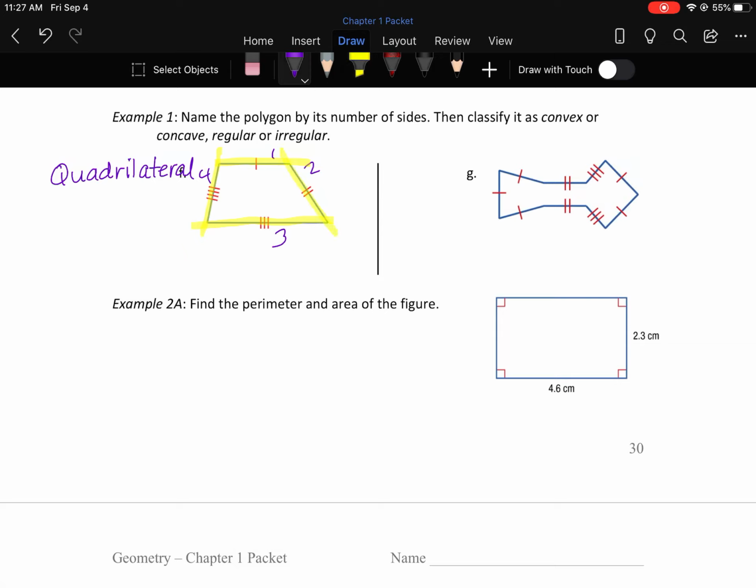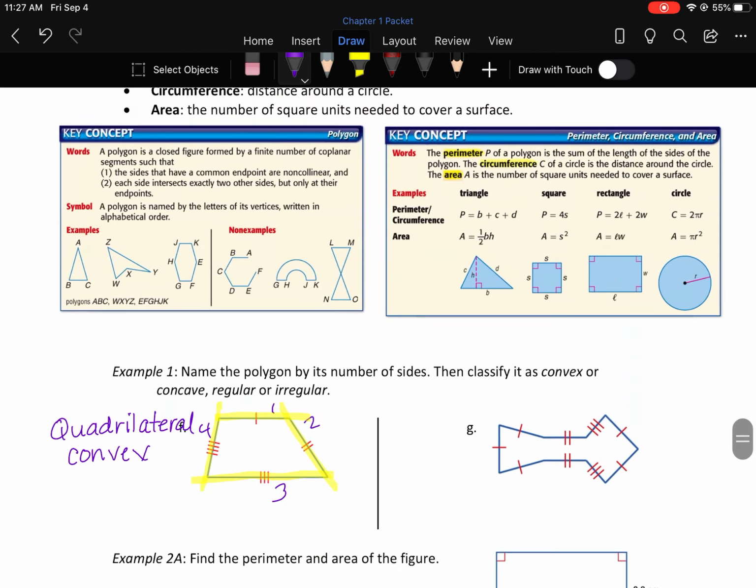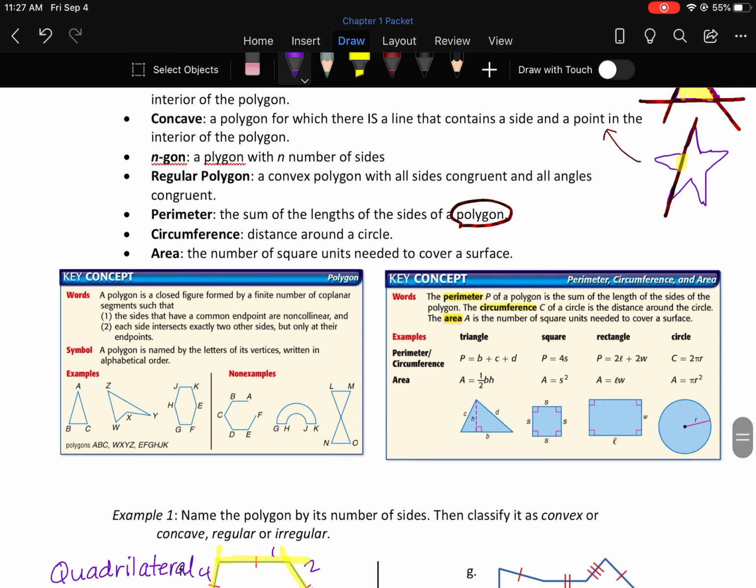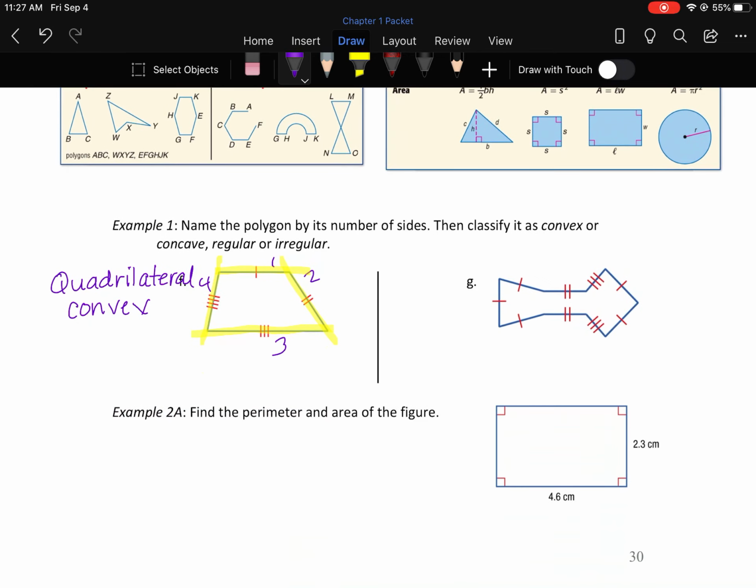Great, none went on the inside, so that must mean that it is convex. And then regular or irregular. So if you go back up here, remember, regular means all sides congruent and all angles congruent. Well, they didn't tell us anything about the angles, but let's look at the sides. Well, this side has 1 tick mark, that one has 2. So already that means those 2 sides are not congruent. So we're going to write irregular.